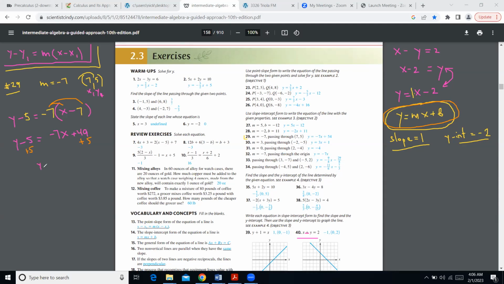It's y equals -7x + 54. And again, the good thing about this textbook is that you have all of the answers right next to the exercise. But of course, it's not obvious how you get this particular answer because it looks like you need to do a little bit of work.